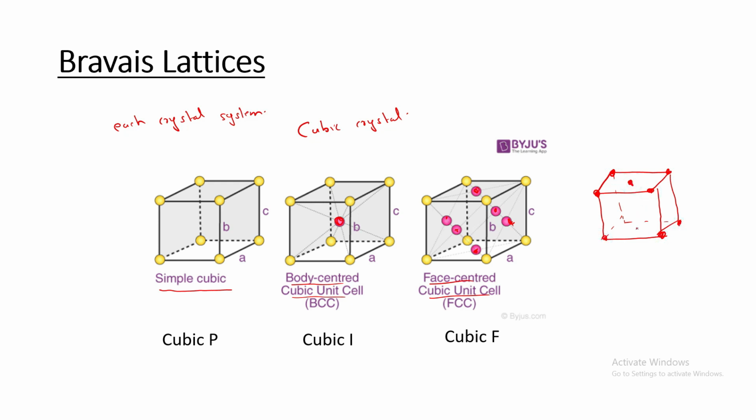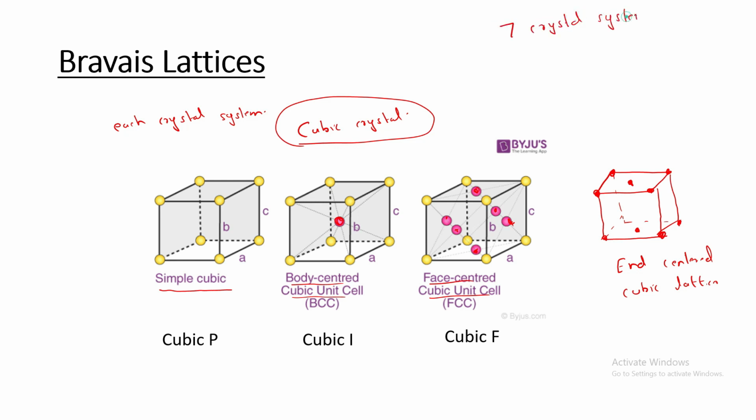You can select any end. So this is called an end centered cubic lattice. Then I have selected the cubic crystal system. Like this, there are 7 crystal systems. For each crystal system, you can have 4 different types of lattices.